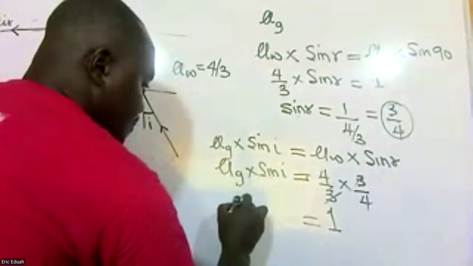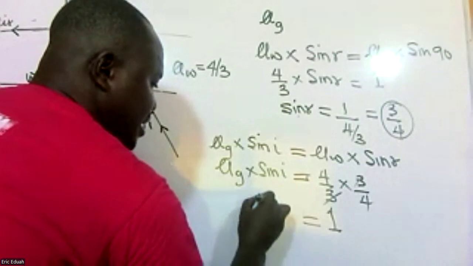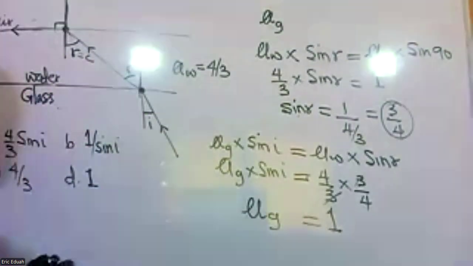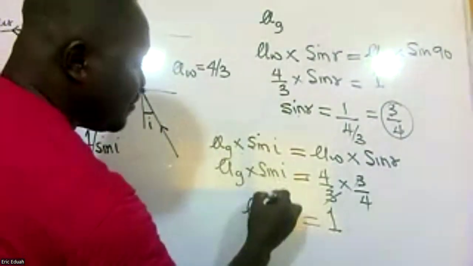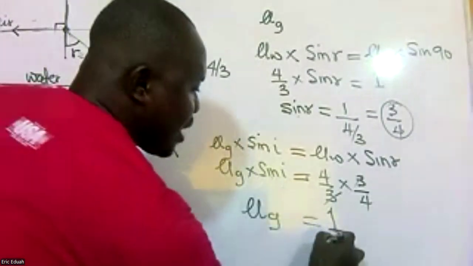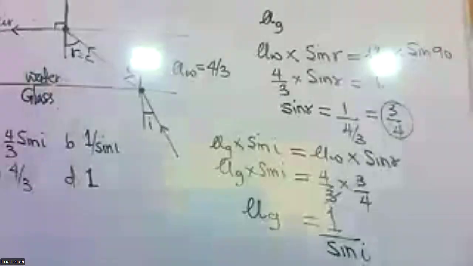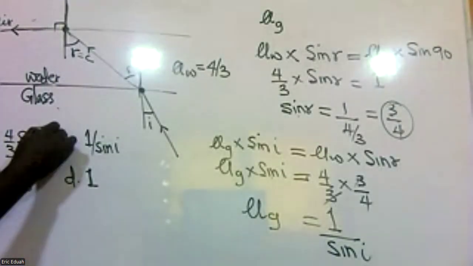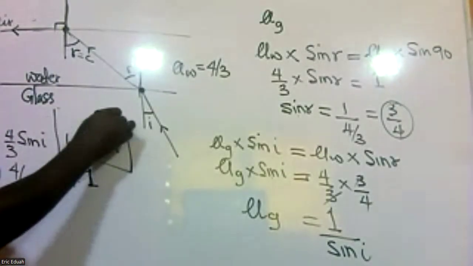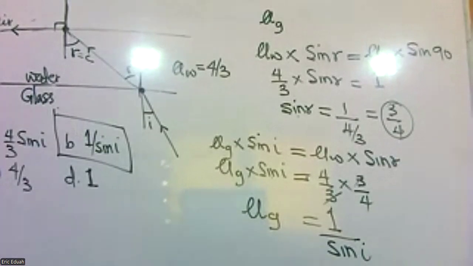Therefore, the refractive index of glass will be equal to, when we divide through by sine I, 1 over sine I. So the answer is B. The answer is B.